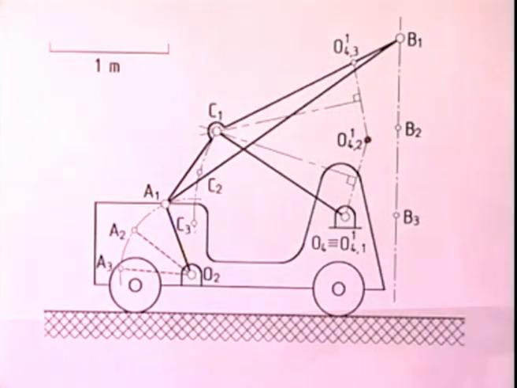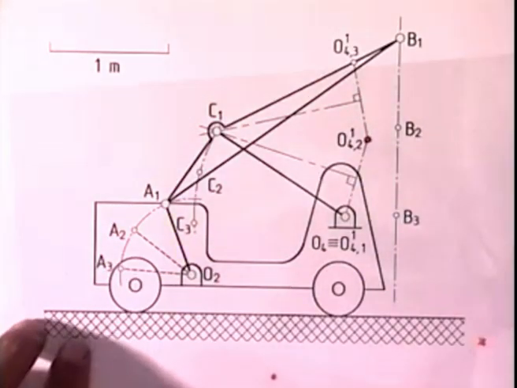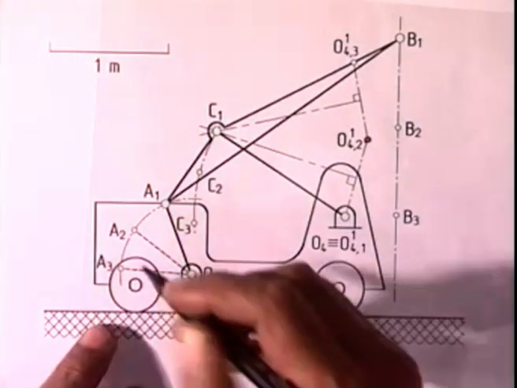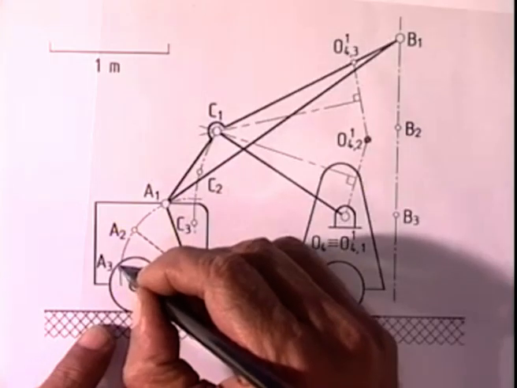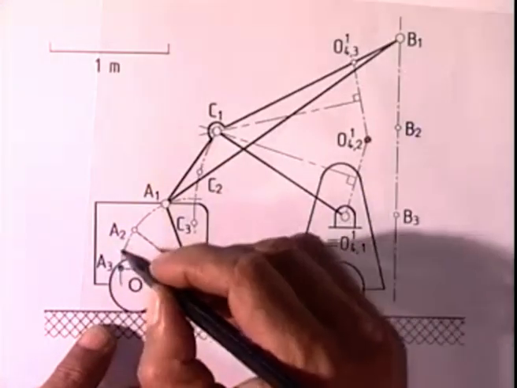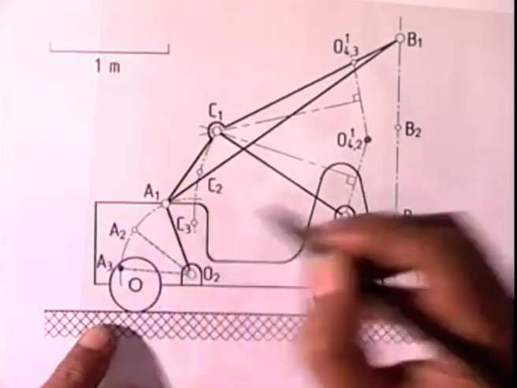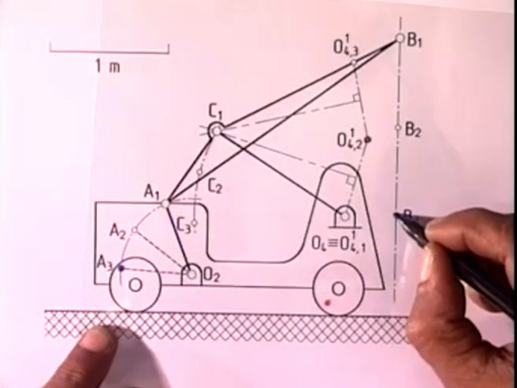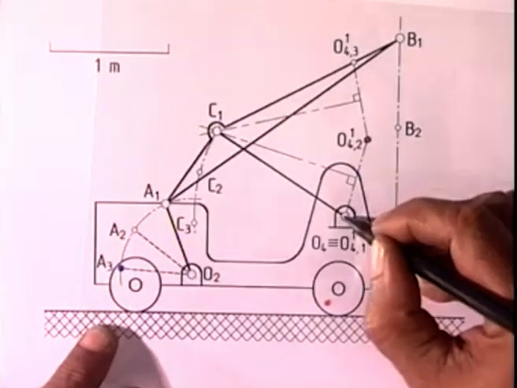Following the same logic, I also obtain the inverted position of the third configuration. That is, on the tracing paper, I mark A3, B3 and O4.